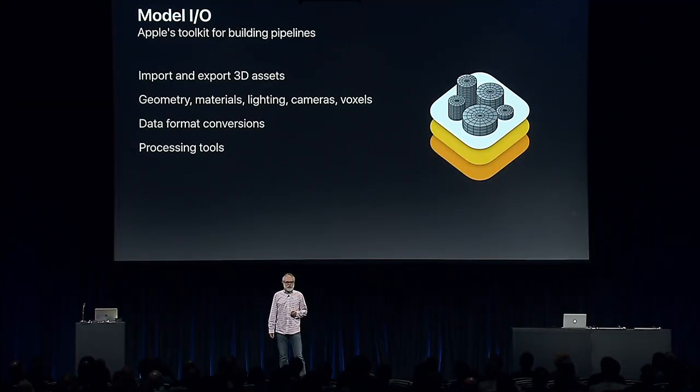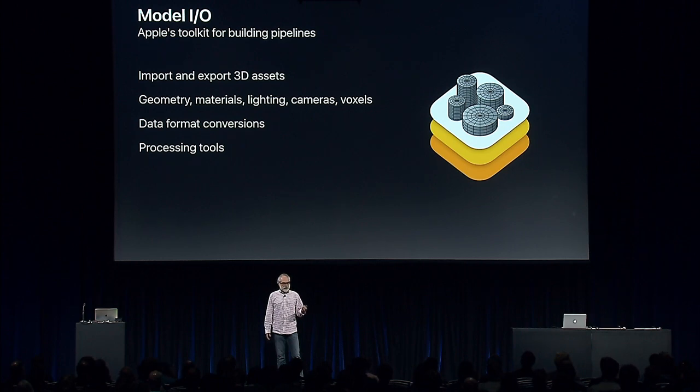So I'd like to begin by refreshing you on what Model.io is. Model.io is Apple's toolkit for building pipelines. You can import and export 3D assets in a variety of industry standard file formats, such as common ones like Wavefront OBJ and more modern ones like Pixar's USD.